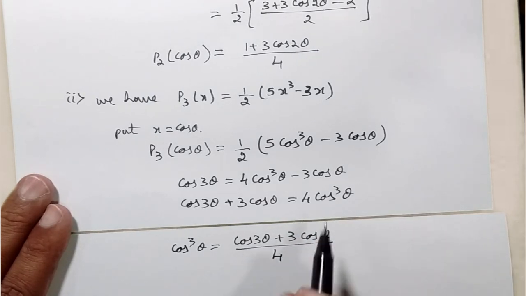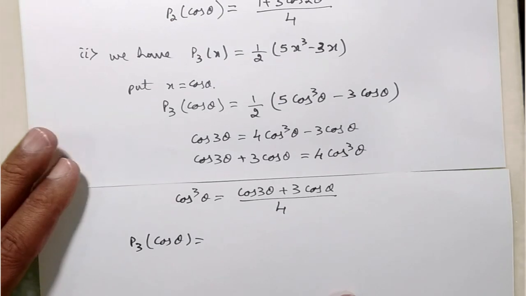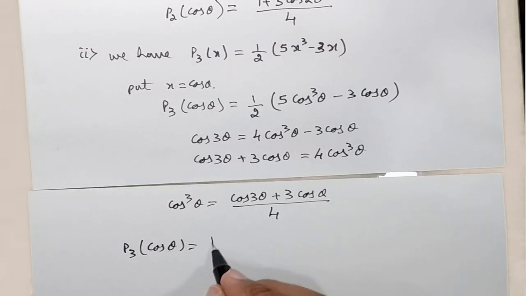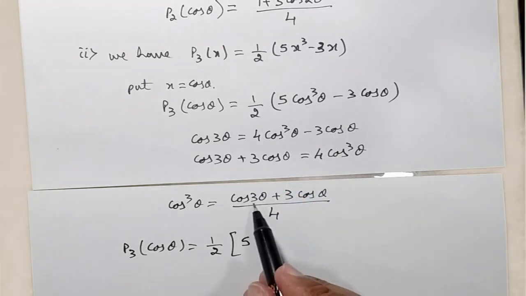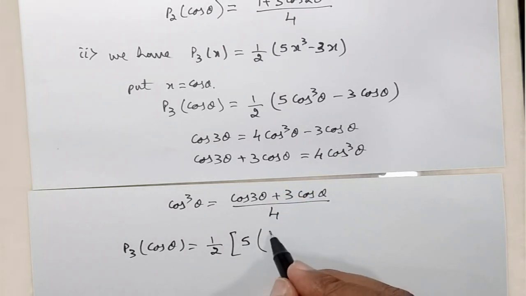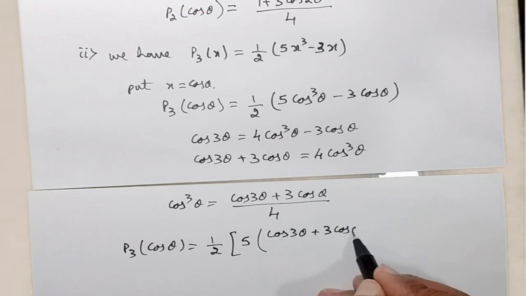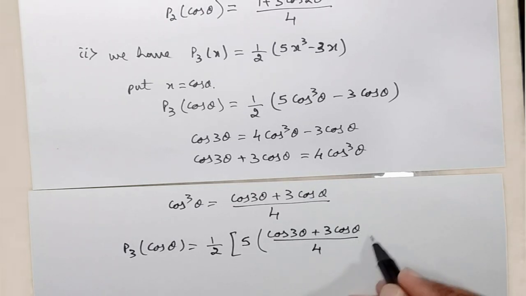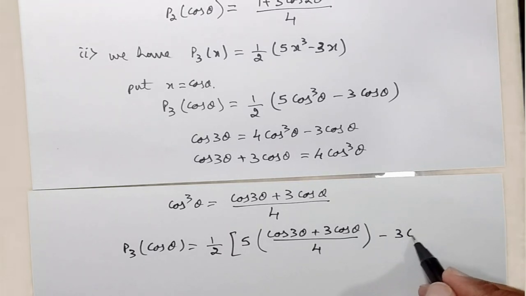Now this value of cos cube of theta you can substitute there. So we'll be getting P3 of cos theta will be equals to 1 by 2 times 5 into cos cube theta. Cos cube theta is this value, which is cos 3 theta plus 3 cos theta divided by 4, minus 3 times cos theta as it is.